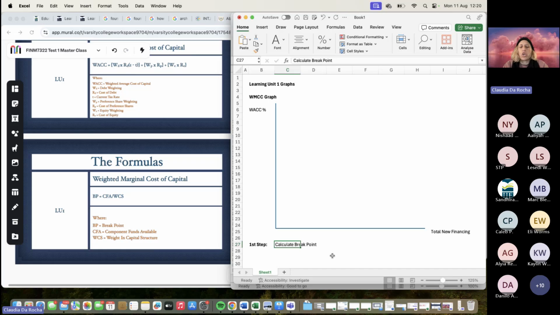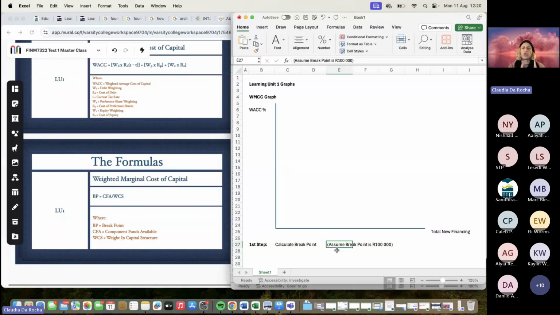Okay, so let's assume we've done the calculation. We assume that the breakpoint is 100,000 Rand.